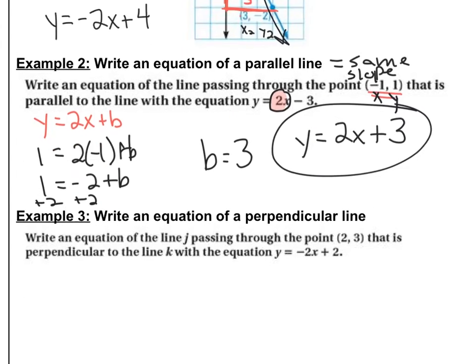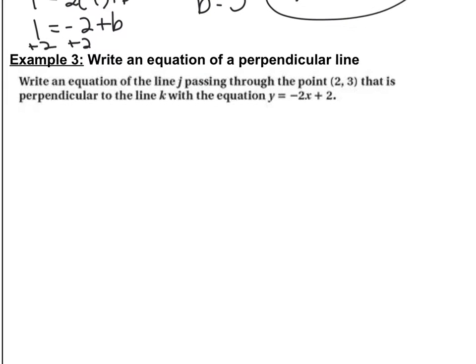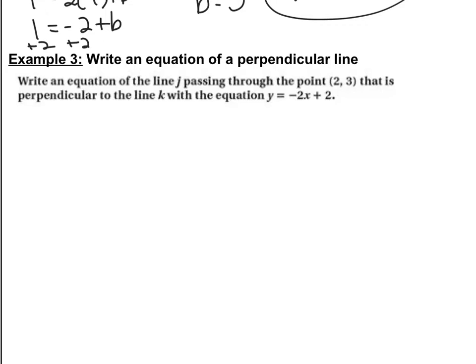Now we're going to talk about a perpendicular line. Remember, perpendicular lines have slopes that are inverse reciprocals. A reciprocal is just the number flipped, and inverse just means we're going to change the sign of whatever it is.